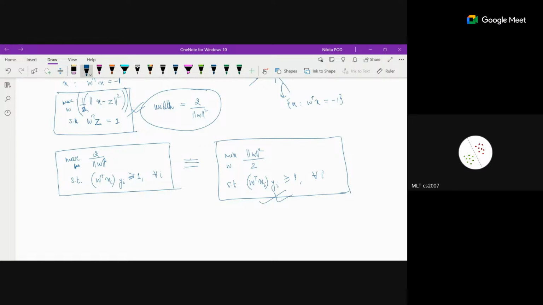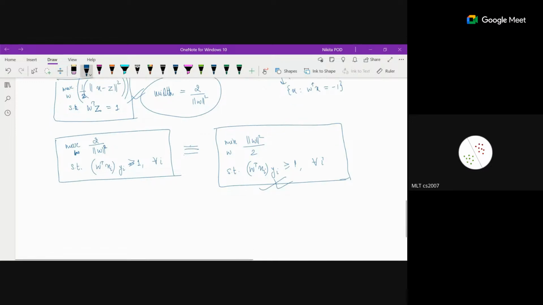This is my original problem that we started with. So the optimization problem we have right now is min over W of norm of W squared by 2, subject to this constraint.